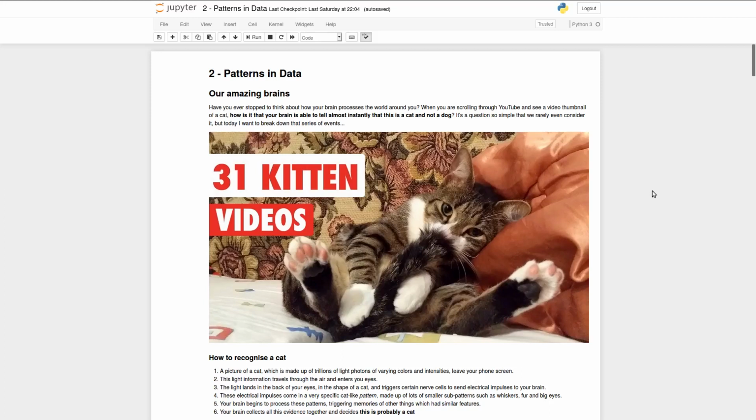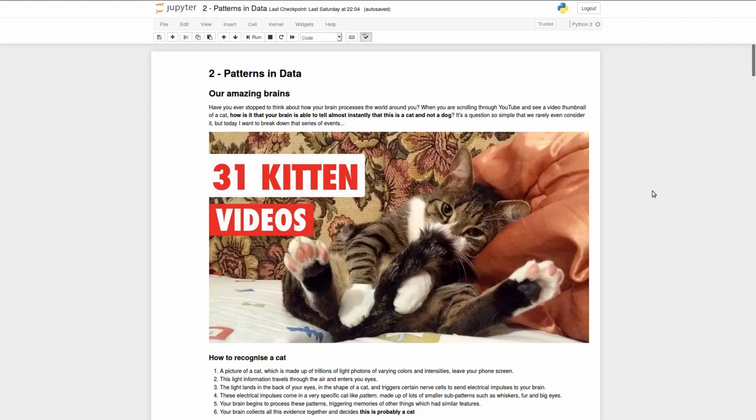Well, the first thing that happens is that the pixels representing the cat, which are on the screen, leave the screen in the form of light, and they enter your eyes, right? So you've got all these photons of light, which are in the shape of a cat, leaving the screen, traveling through the air, and then entering your eyes. And then those photons of light are going to hit the back of your eyes, hit your retina, where they're going to stimulate various nerve cells.